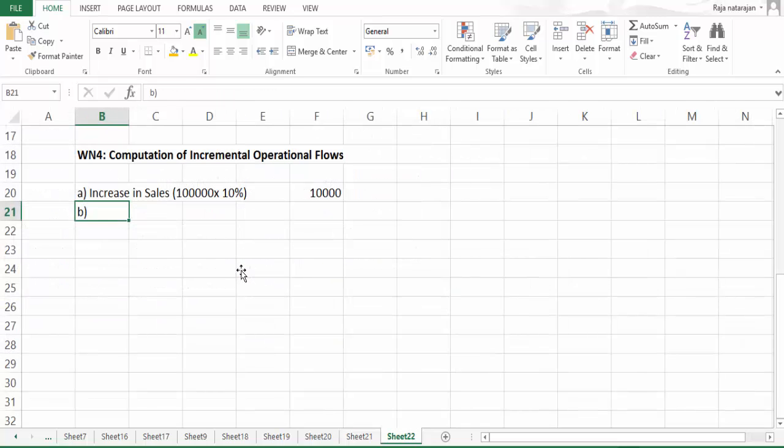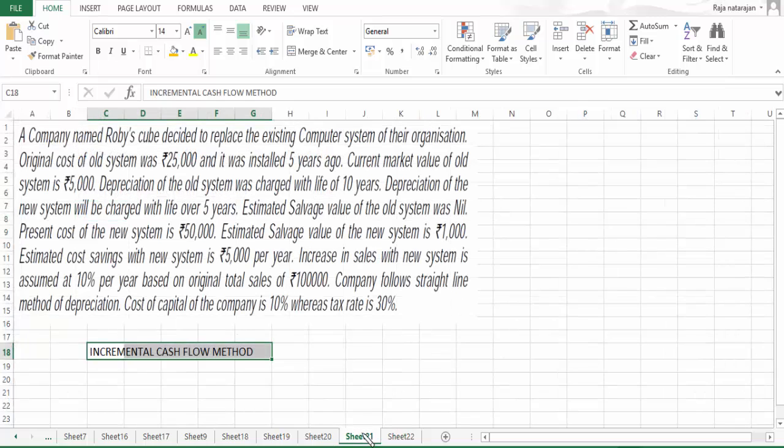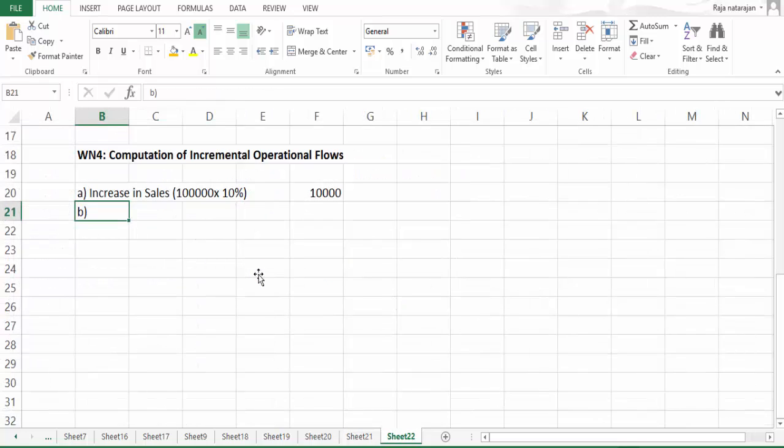So let us capture what is the savings we have by taking up this mission. There is an increase in sales that we know, but there is an estimated cost savings with the new system that is going to be 5,000 per year. Okay, so I'll capture that here: savings in cost, and it's going to be 5,000 every year.